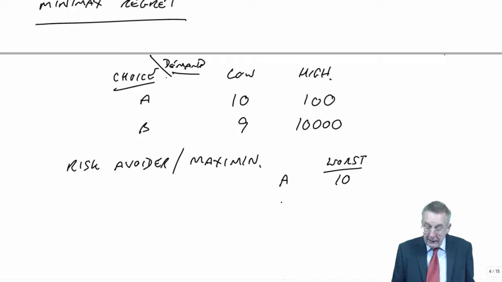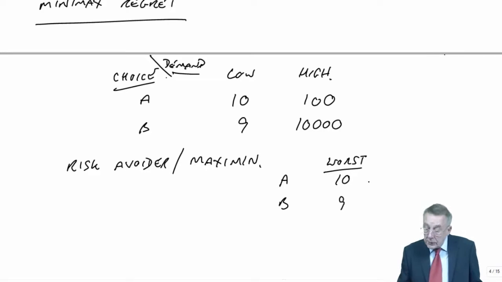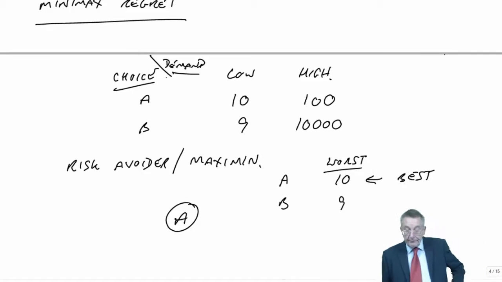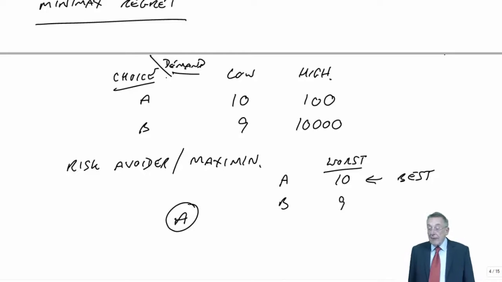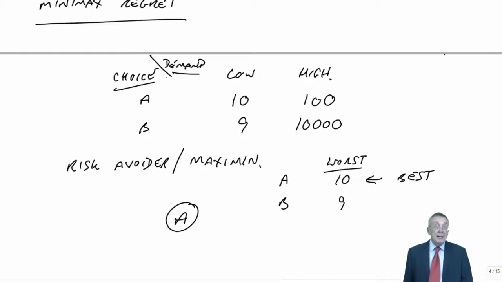A, you get 10. B, the worst outcome is 9. And then you choose the best of the worst. You choose A. And I went through the logic, you're choosing A because whatever happens, you're guaranteed to get at least 10. You can't do any worse.